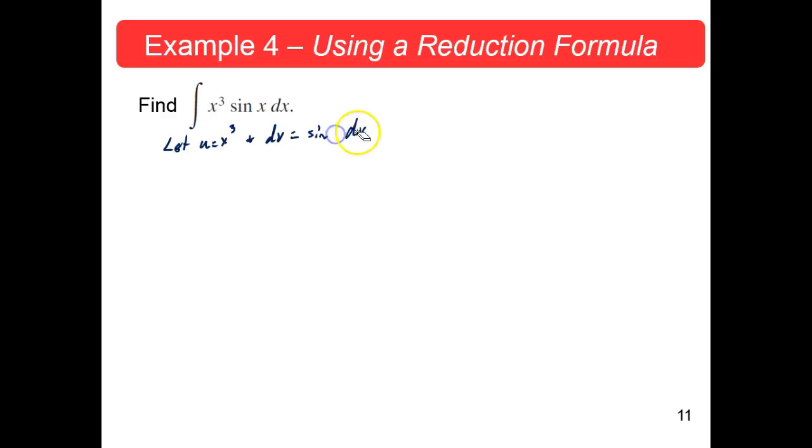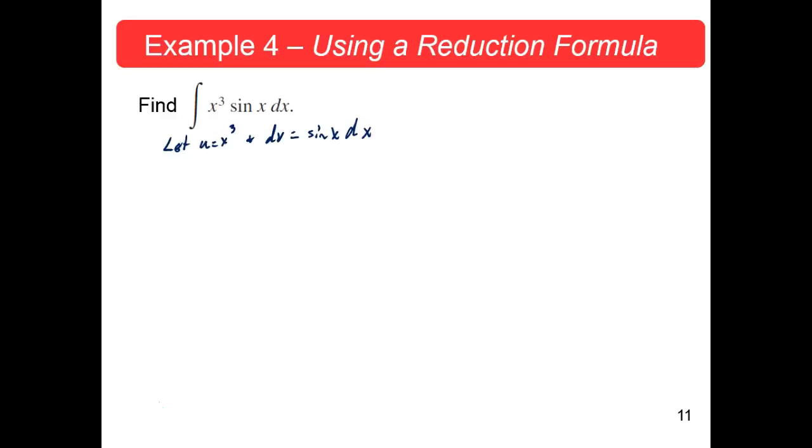The old gray cells aren't working too well today, sorry. Now, here's the thing on integration by parts. Pick the u to be something that's going to be simpler when you differentiate it, and the dv to be something that doesn't get that much more complicated when you integrate it, right? And that's going to be the case here, right?